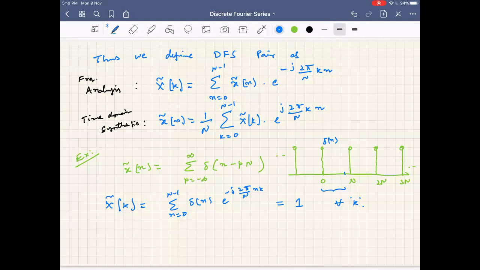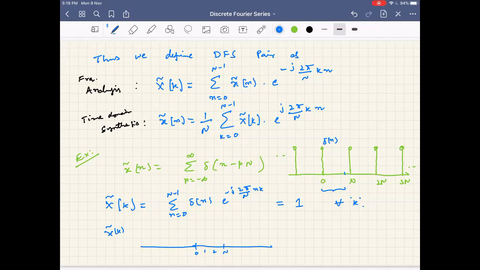It's all ones. So the signal that you wish to represent in the frequency domain, x tilde of k, is 0, 1, 2, 3, 4, up to some N. Let us assume this is N, and make the scale also the same.